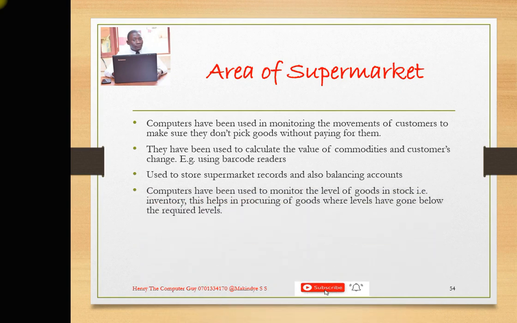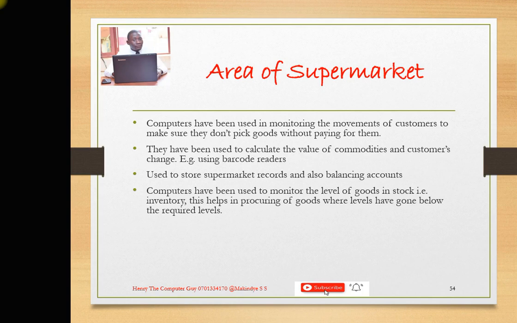Another point tells us that computers have been used to monitor the level of goods in stock, that is, inventory. This helps in procuring goods where levels have gone below the required levels. Remember I told you that when they bring these goods to the supermarket as stock, they will first record that information into the computer, and their expiry dates.